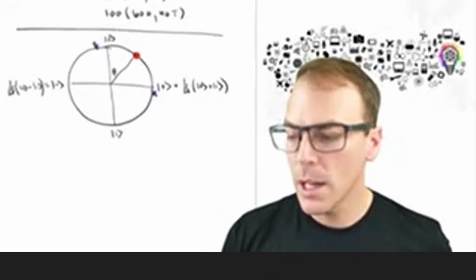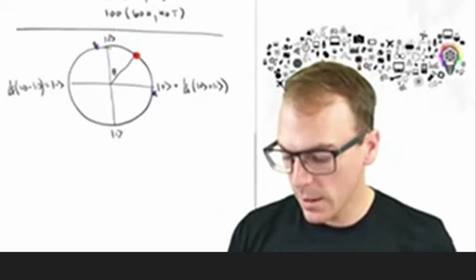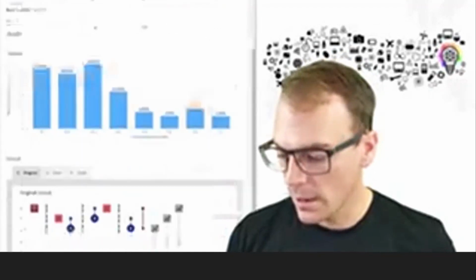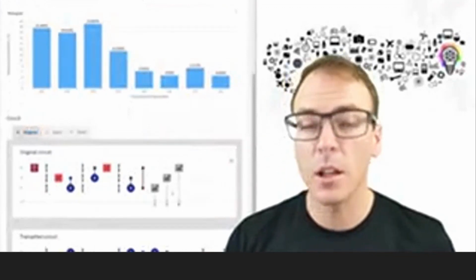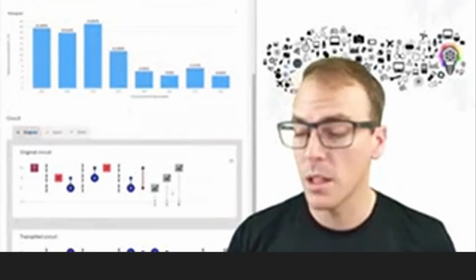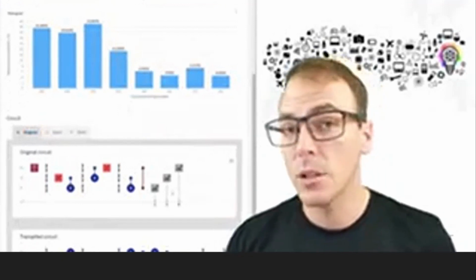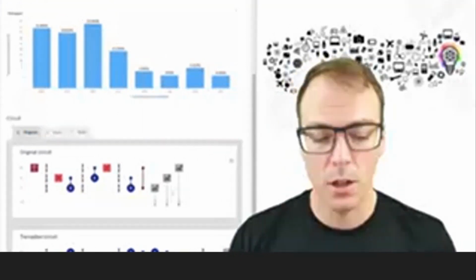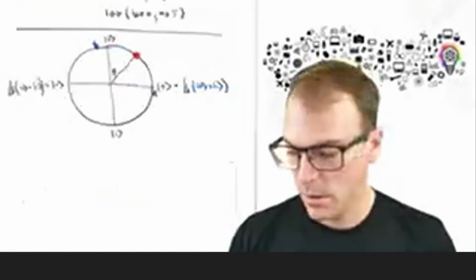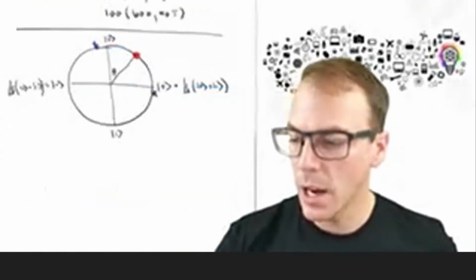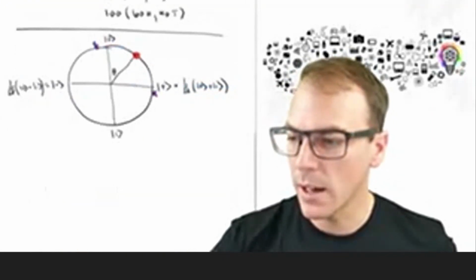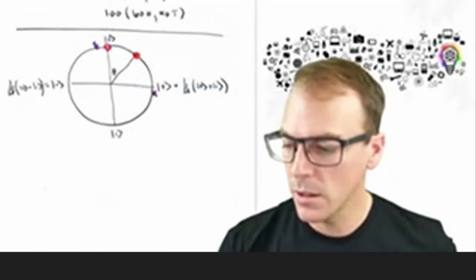So when I perform that experiment on my IBM device, remember that I'm measuring these qubits in the computational basis. Each qubit is measured and either a 0 state or a 1 state occurs. So when I measure, I'm going to get only either this state or this state.